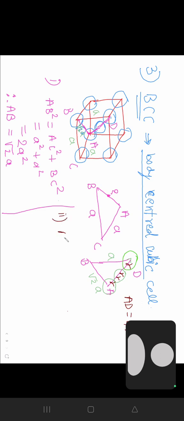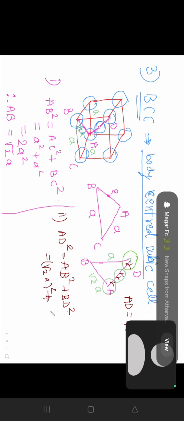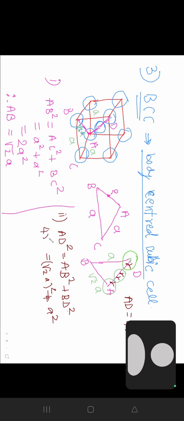So second calculation is AD square is equal to AB square plus BD square. AB we found out, that is root 2 a, square, plus BD is a square, and AD is 4R square. Will you calculate the value of R on your own?